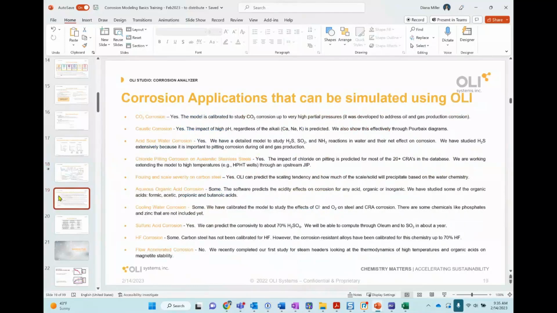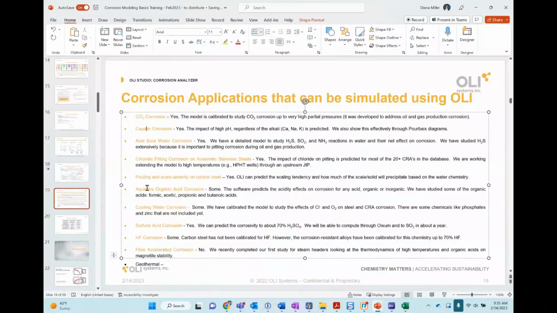Now, these are some of the applications that can be simulated using OLI. Probably I should add even more here. We are able now to do geothermal, for example, because I have been working in some cases for geothermal, and we could add some other applications in here as well. But mostly we focus on the CO2 corrosion, caustic corrosion. We do acid, sour water corrosion.